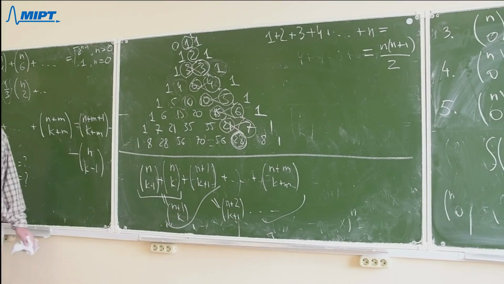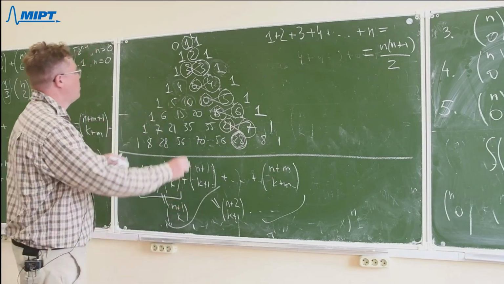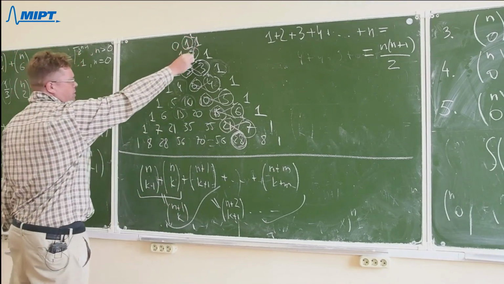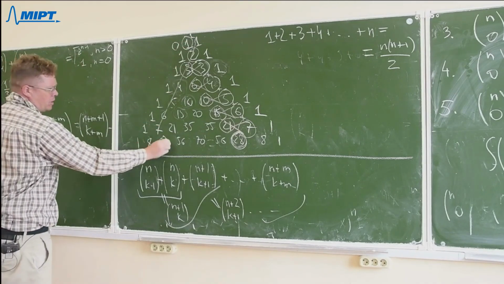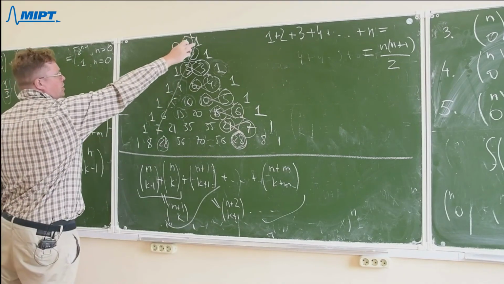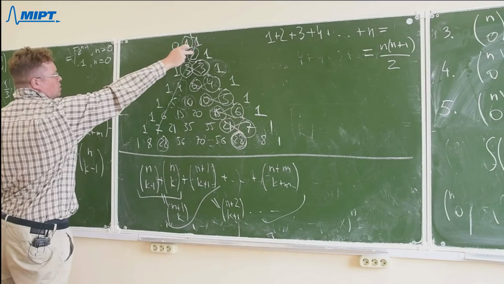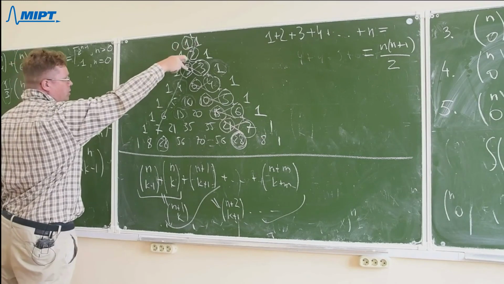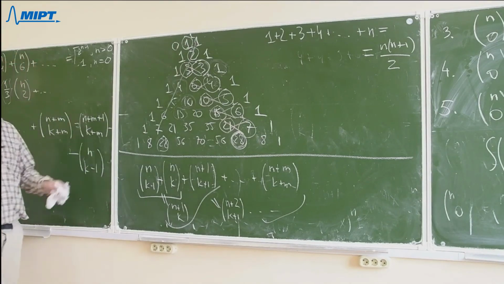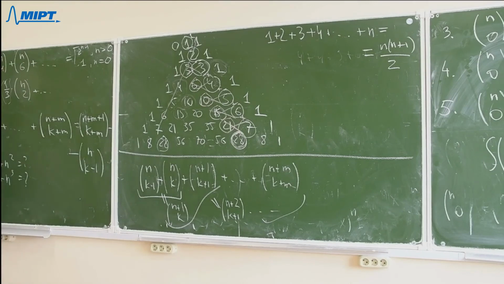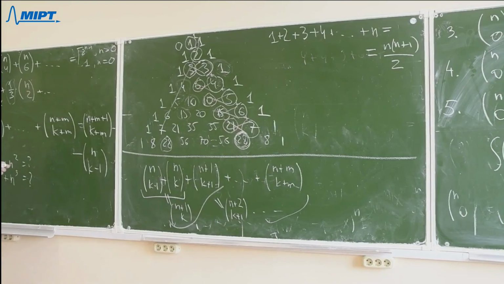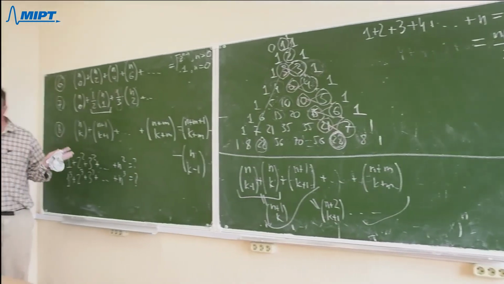But in this case it will be better to take another diagonal like this one: n over 2, 1 over 1, 2 over 1, 3 over 1, and so on. But I will start the next lecture with these examples. Okay, understand?